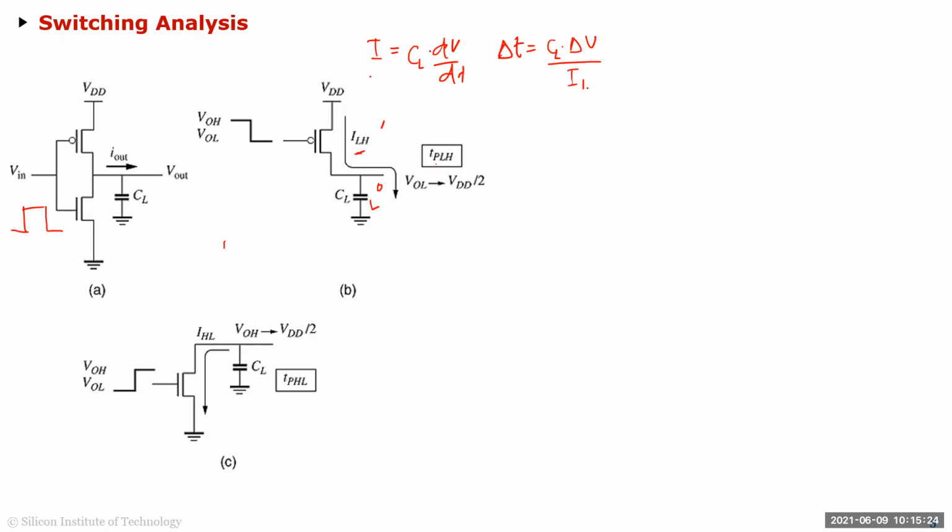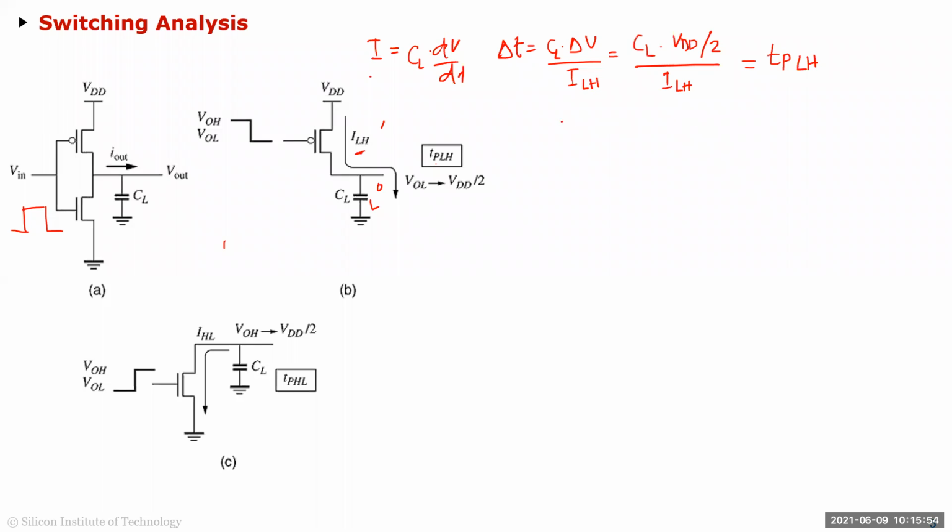And in this case, we'll call that I as ILH. Since we are measuring from 0 to VDD by 2, this delta V is going to be VDD by 2. So that's CL VDD by 2 over the charging current, and this will be your TPLH. So this is a propagation delay from output going from low to high, right? So you're charging the output capacitor.